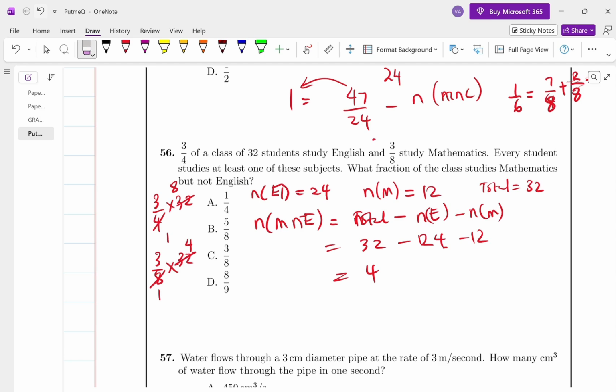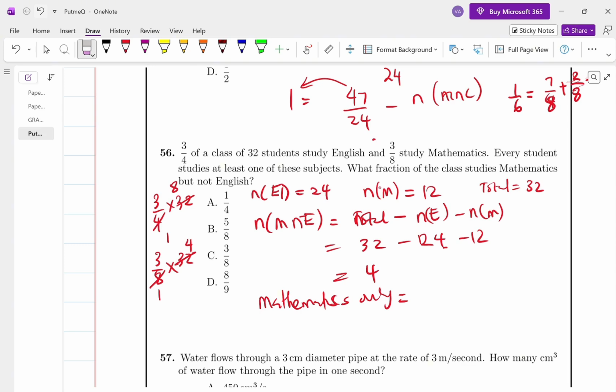So they're saying those doing mathematics but not English. So if we are doing both of them, to get mathematics only. Now take note, 12 students do math, but 4 are also doing English, because that's the number of those doing math and English.